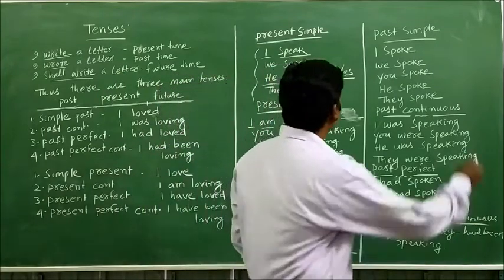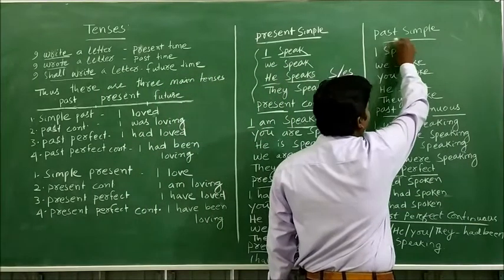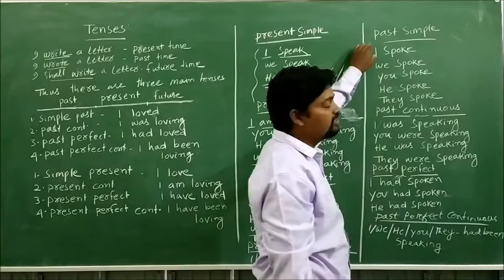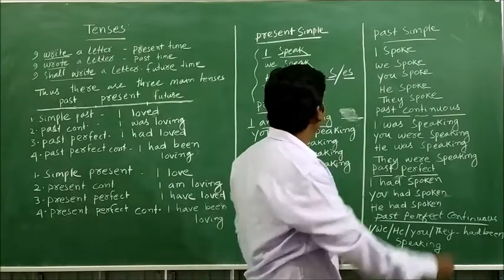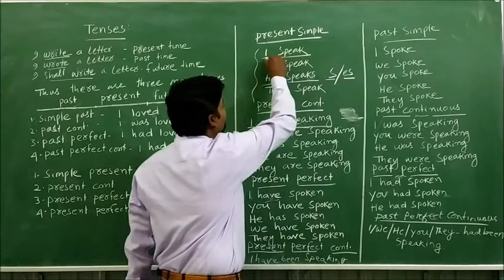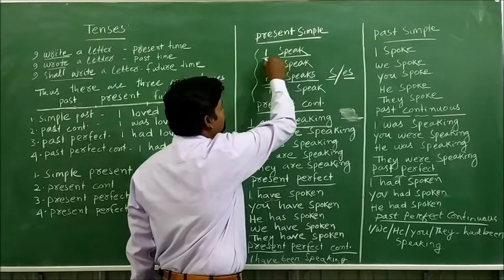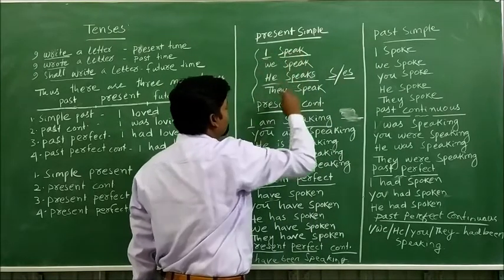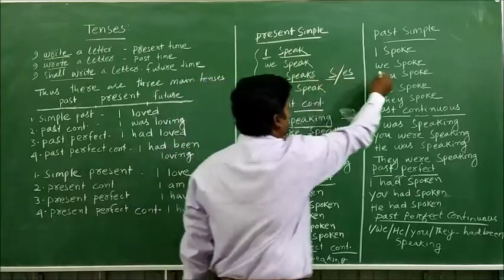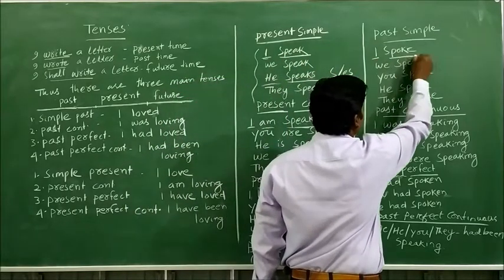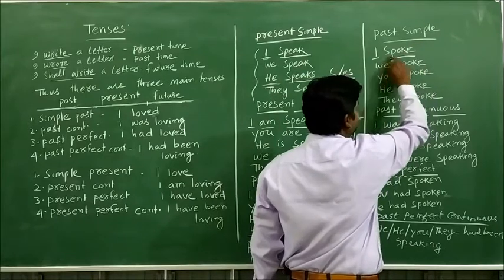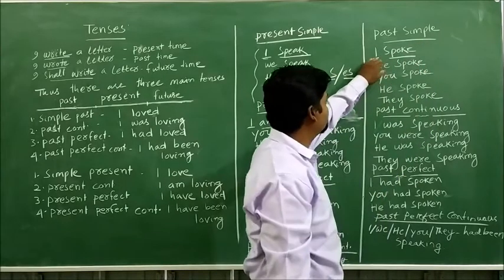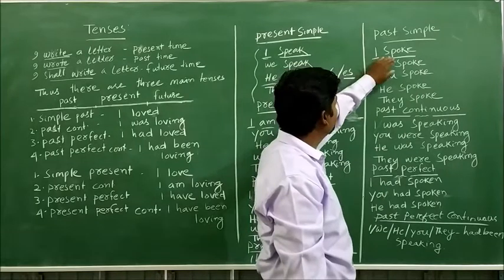Next, we'll discuss past simple or past indefinite. As we learned, I speak is subject with main verb. Here you see subject with verb V2: I spoke. In the simple past tense we use V2.